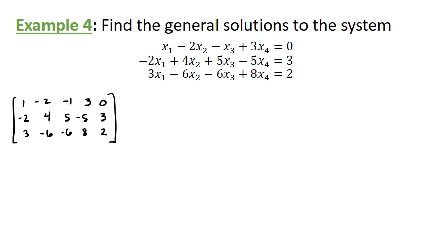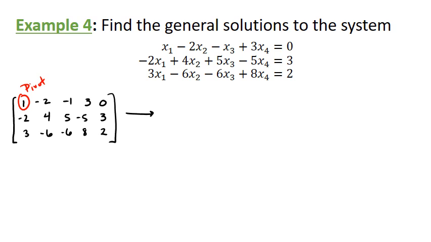Okay, now looking at this, I'm pretty happy because this is a pivot and it's already 1. So remember, everything below that pivot needs to be 0. So I'm going to begin that process.